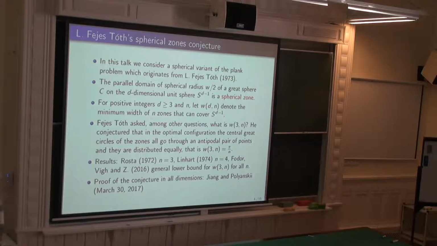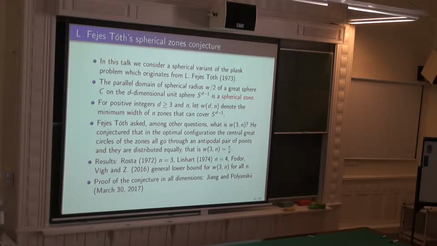So it's basically the intersection of the sphere and the two parallel hyperplanes. For positive integers d and n, let W of d and n denote the minimum width of n zones that can cover the whole sphere. I would like to note that W and omega are interchangeable during this talk. They mean the same thing.